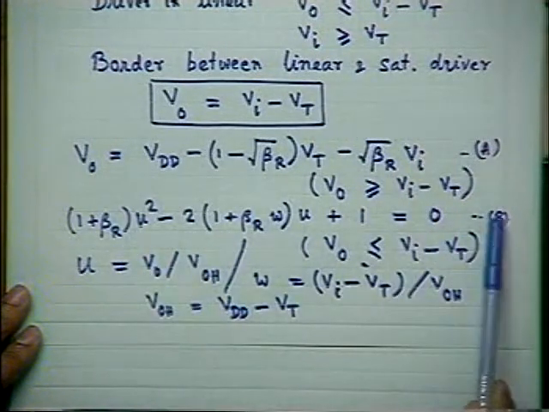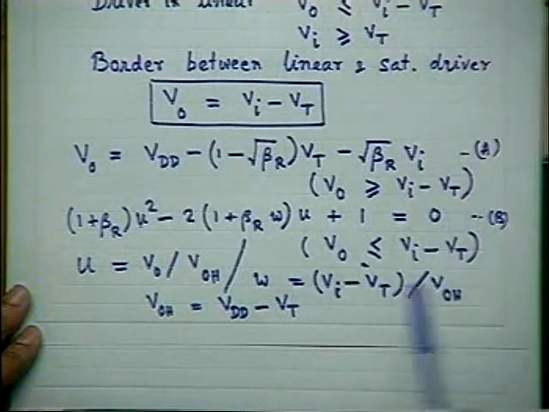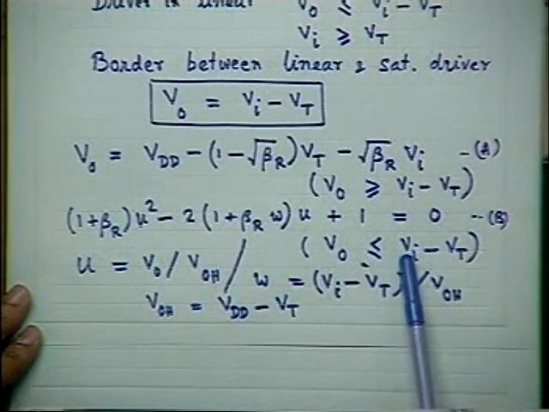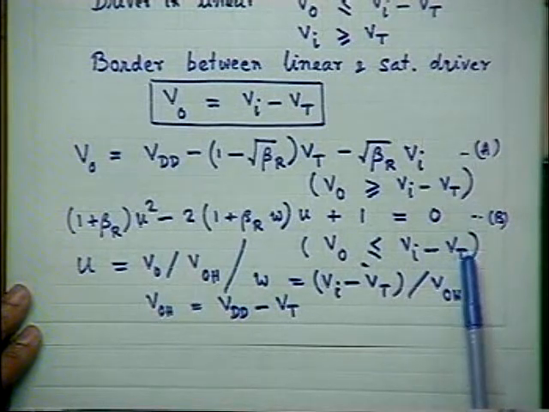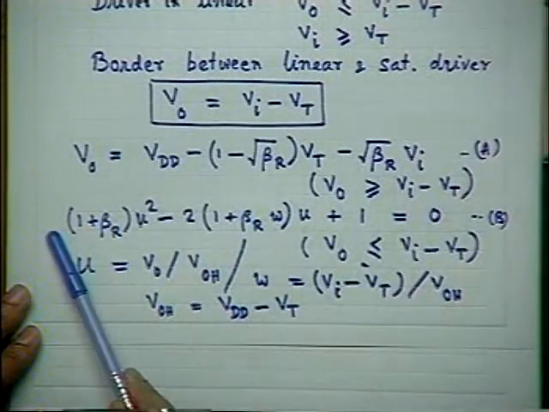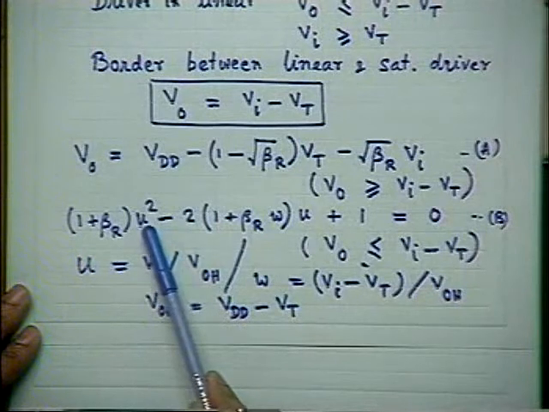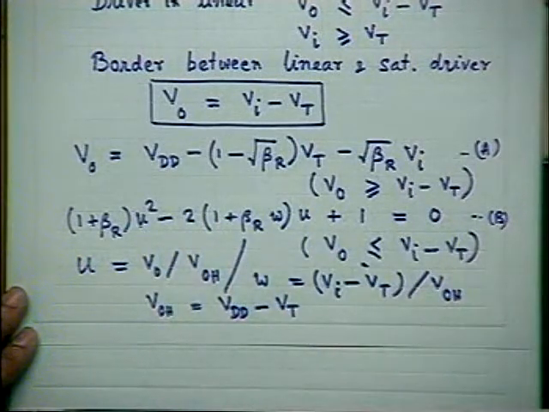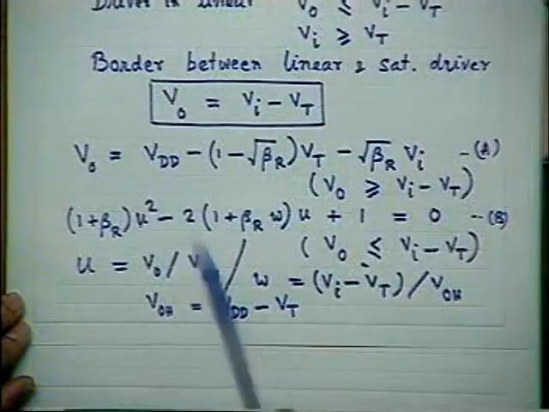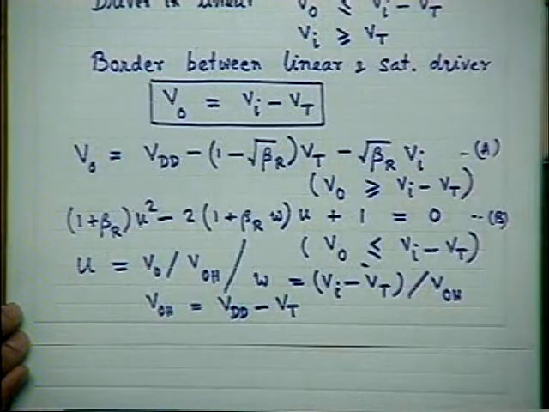On the other hand, to get the relationship for the other region, when output voltage is less than VI minus VT, you have to solve this quadratic equation, and naturally you have to reject one root, as you'll find there are two roots and one is not practically feasible. I think you have done that; I have asked you to do that. And by combining these two, we can now plot the output-input characteristics of an nMOS inverter under any condition.